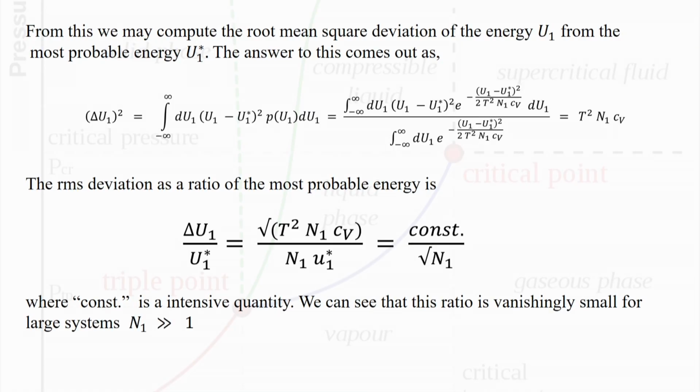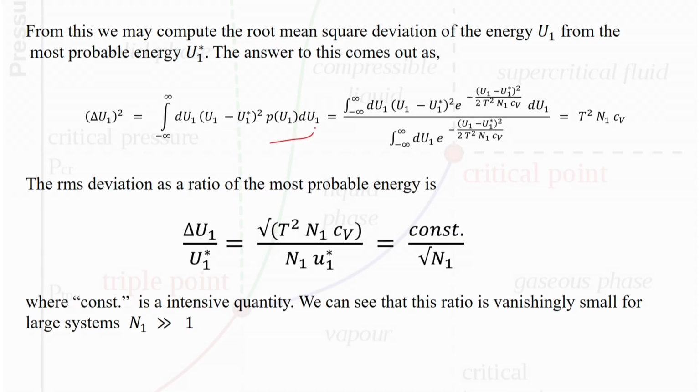But happily we are not in such a difficult situation, because we can evaluate the precise magnitude of that fluctuation. What we can do is estimate what is known as the root mean squared deviation of the energy of that system in that ensemble, using this probability distribution.